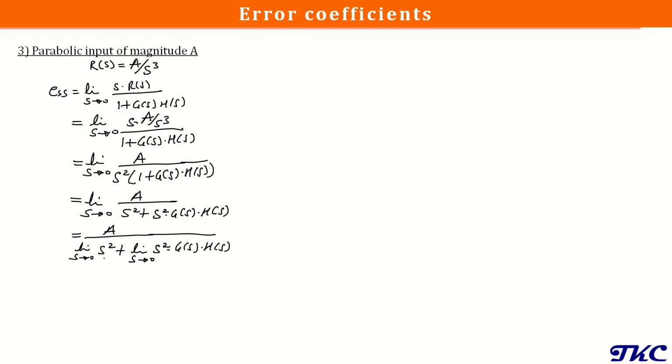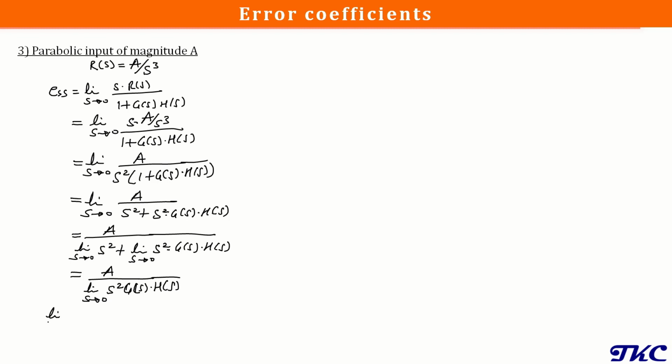So this value will go to 0, but here we cannot apply the limit because we need information about the system. So this term will remain as it is. So we can write it as A by limit S tends to 0 S square G of S into H of S.